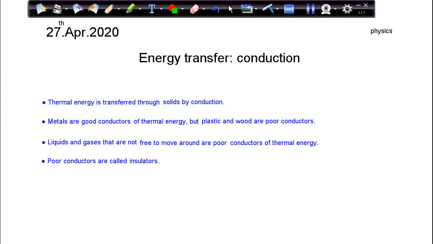And we said that means they don't block the thermal energy at all, but they are slow at transferring energy. Liquids and gases that are not free to move around are poor conductors of thermal energy. Poor conductors are called insulators. So this was about energy transfer by conduction.